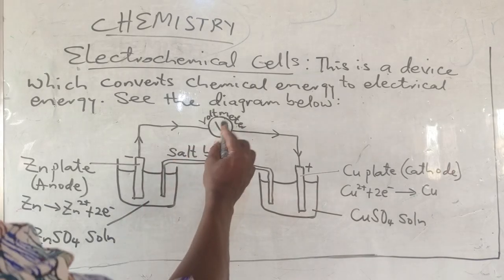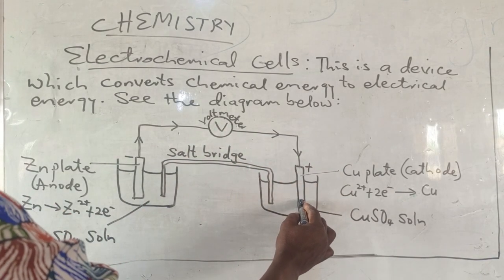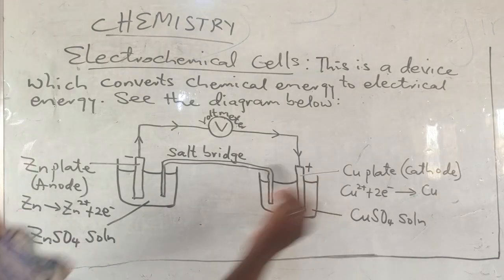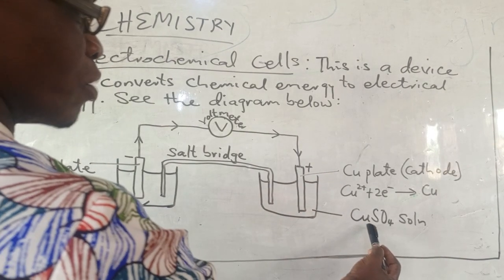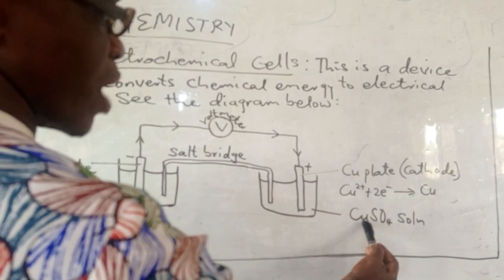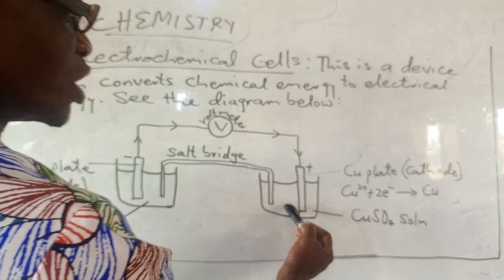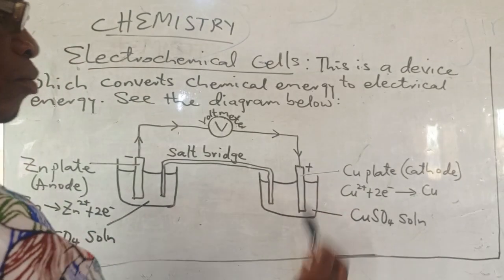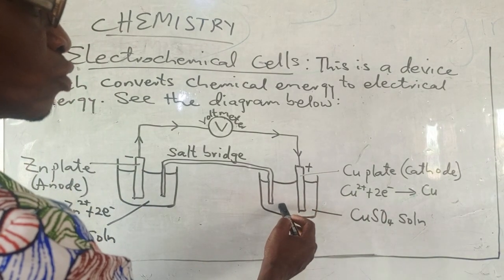Now when that is done, those electrons will pass down to the cathode. Now remember, this solution is made up of copper 2 tetraoxosulfate 6 solution, which means that copper ion is in this solution.